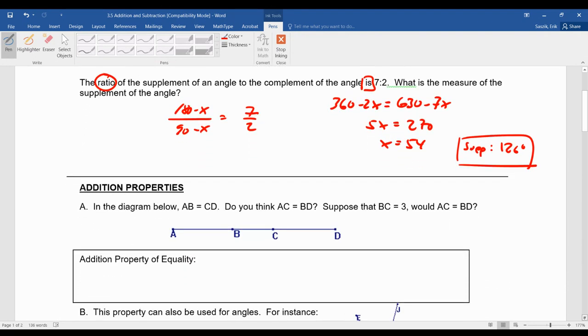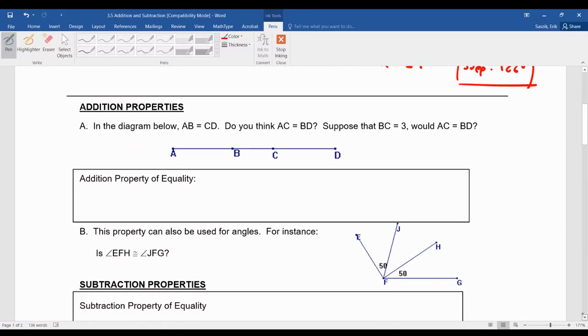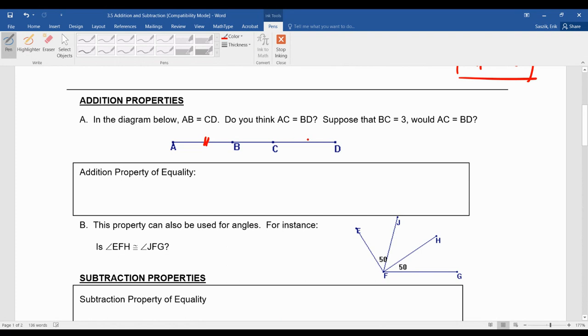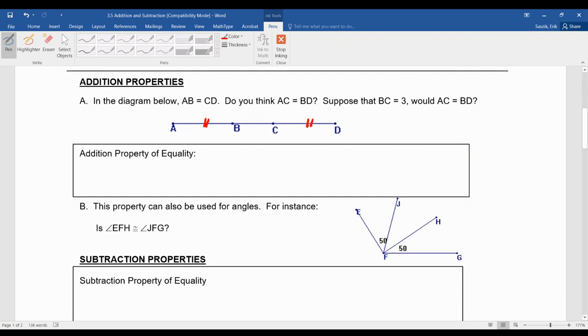Okay. Now, hoping that this addition property stuff totally makes sense. In the diagram below, if AB is congruent to CD, do you think AC is going to be equal to BD? Of course, right? You're taking the same thing and adding it to two equal things, so the sums would be congruent as well.